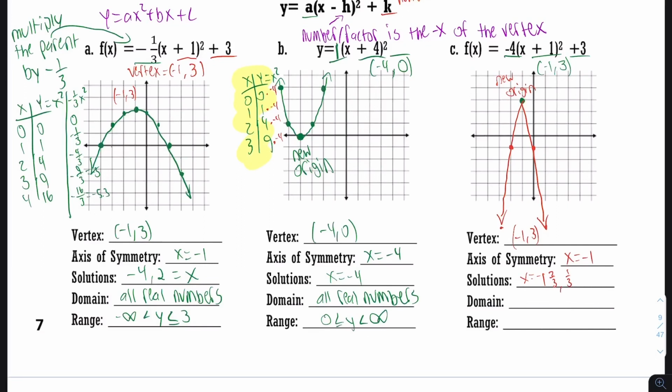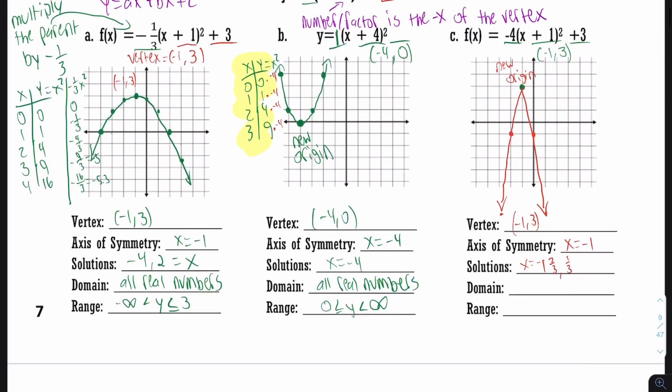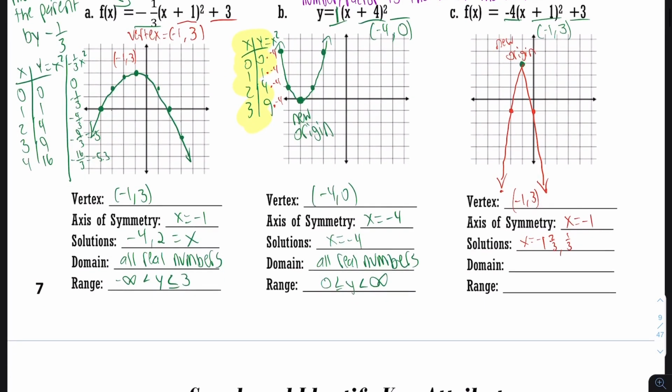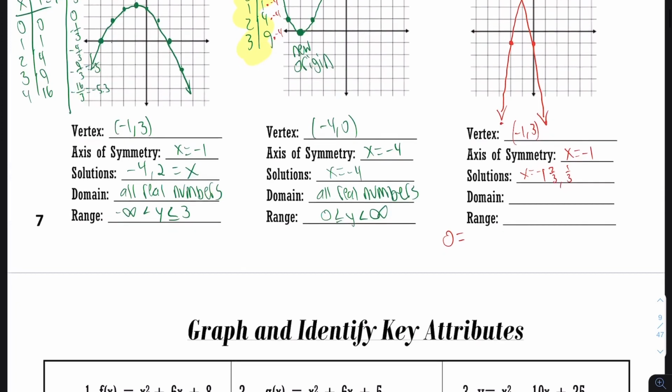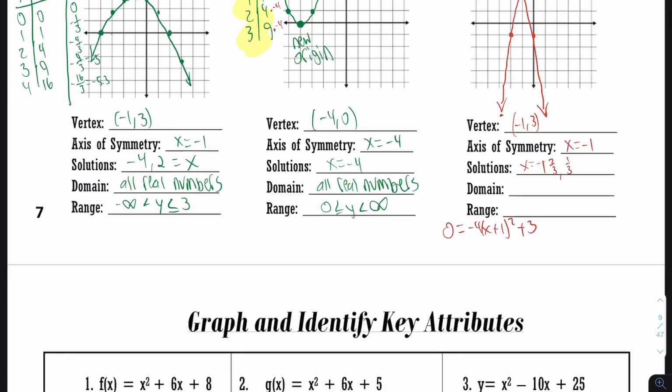If we wanted to find the exact solutions using vertex form, then we would need to do substitution. We would put in 0. 0 equals the equation, -4 times (x plus 1) squared plus 3.